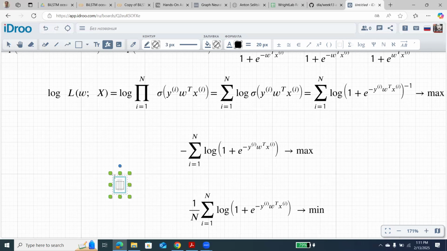Well, why it's called cross entropy? We will talk next week when we will talk about multi-class classification. But I can just tell now that we treat 1 over n as the probability distribution.